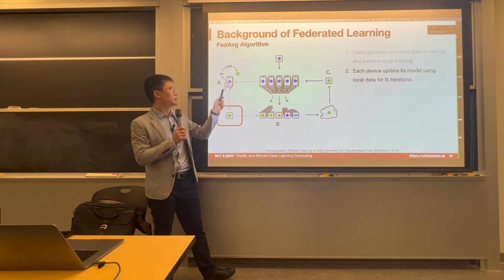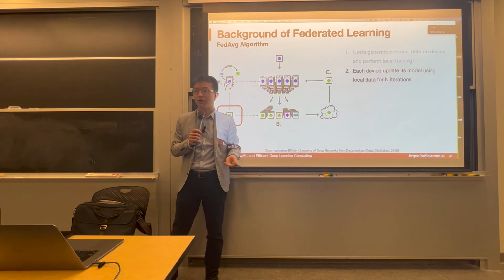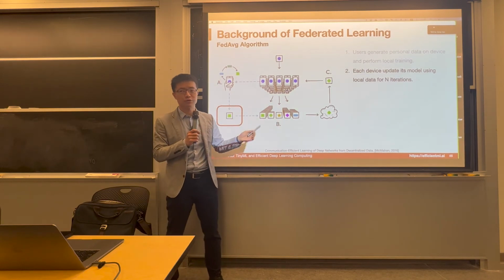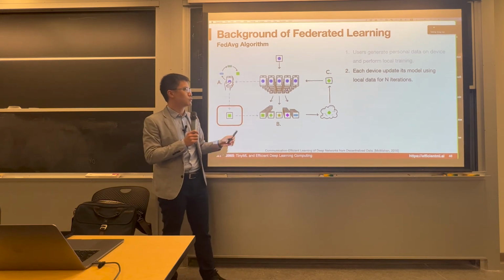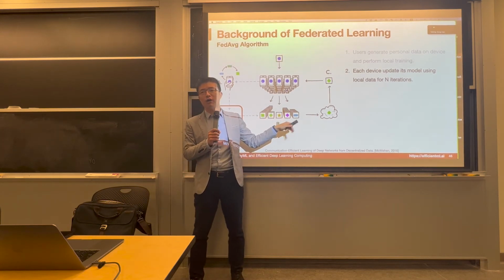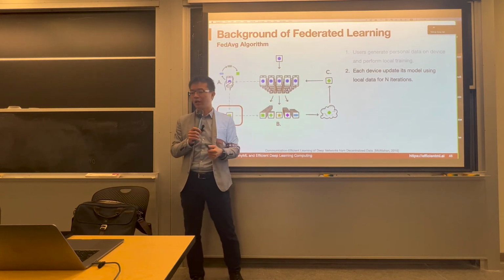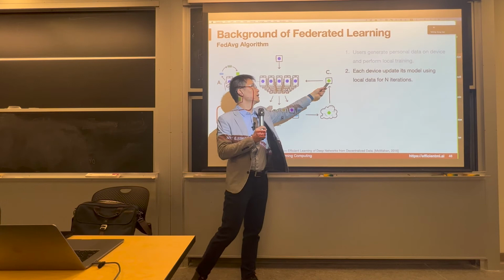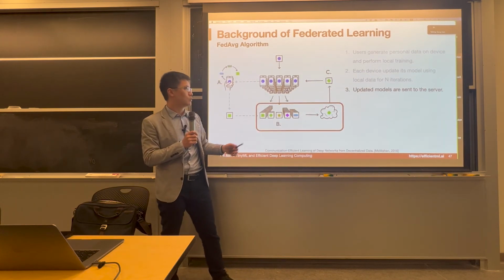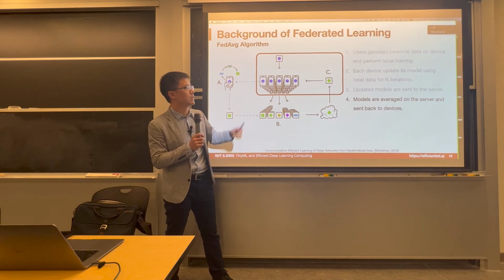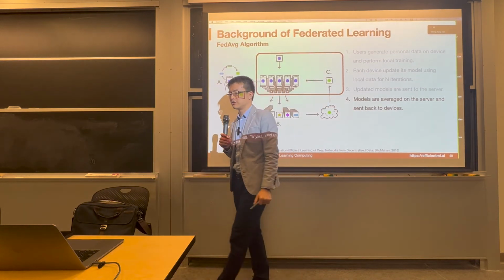Okay? After a while, each of them may have completely different models, since different users may have different data, different habits. So they exchange the model rather than exchange the data. Finally, we have a new model, which will be aggregated and averaged on the server and then disseminated back to different devices.